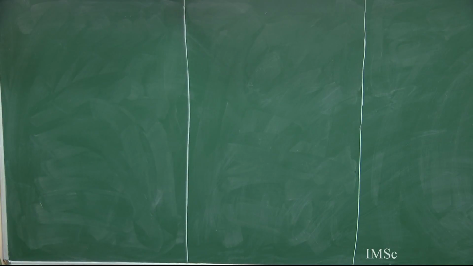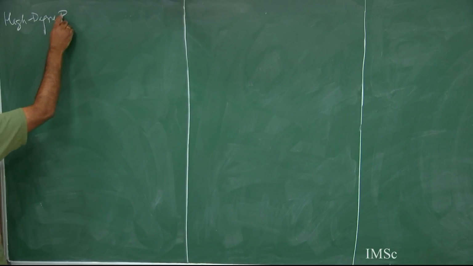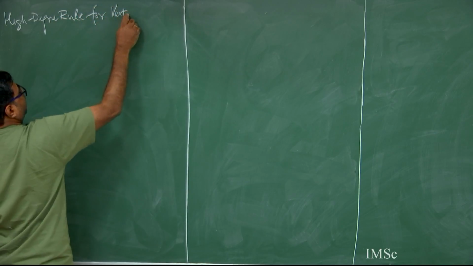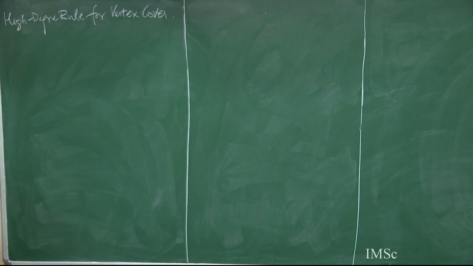So the whole goal is, do you remember the high degree rule in vertex cover? What was the high degree rule for vertex cover?